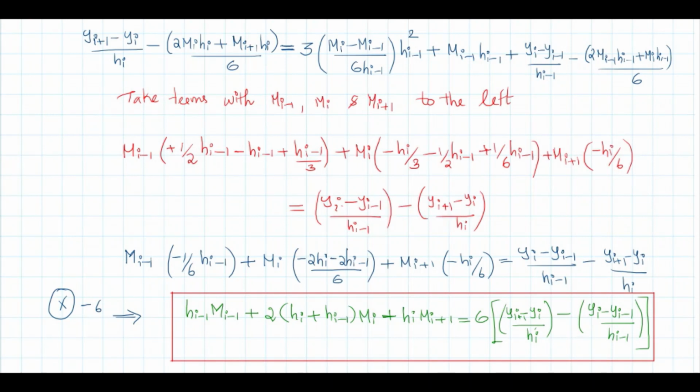Then solving, finally you will get h_{i-1} m_{i-1} plus 2 into (h_i plus h_{i-1}) into m_i plus h_i m_{i+1} equal to 6 into this quantity.